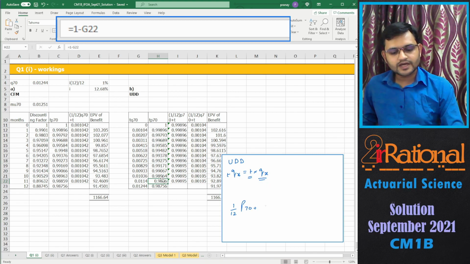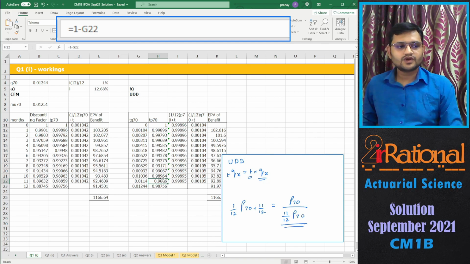For that, all I have to do is 1/12 p70 plus 11/12 for the last month, which would be nothing but the probability that the person survived for the complete 1 year divided by the probability that the person survived for 11 months from age 70. So using this divided by this, I got this value. You can see here.